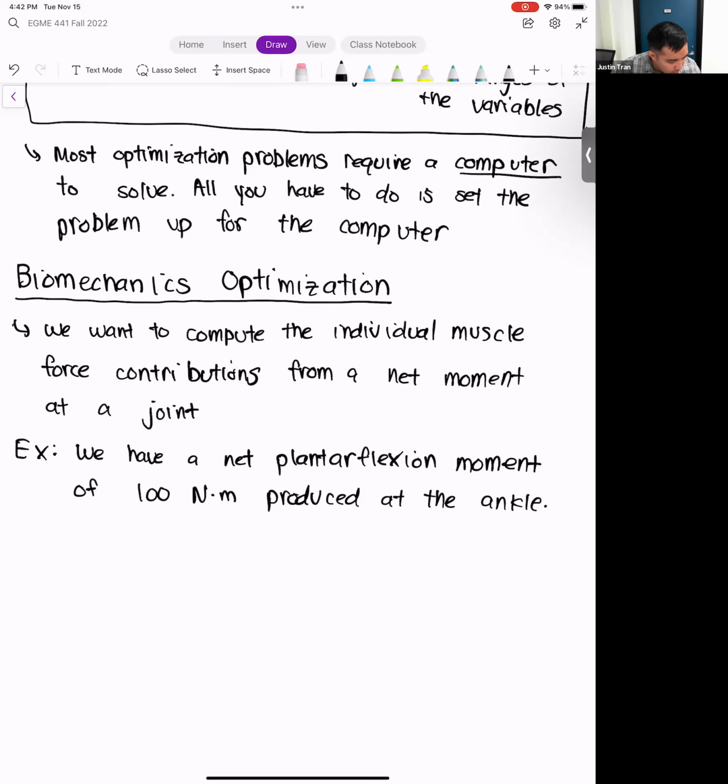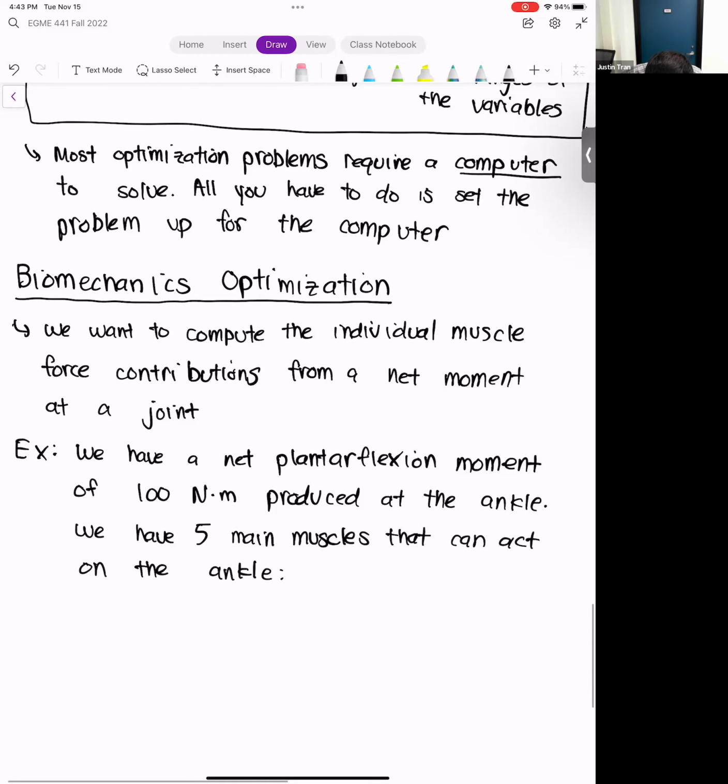If you look at a diagram of the muscles in the lower leg, you'll see that there are 5 muscles that can act on the ankle. 3 of these muscles are plantar flexors, and so they produce that plantar flexion moment. And the other 2 are dorsiflexors, and they produce moments the other way.